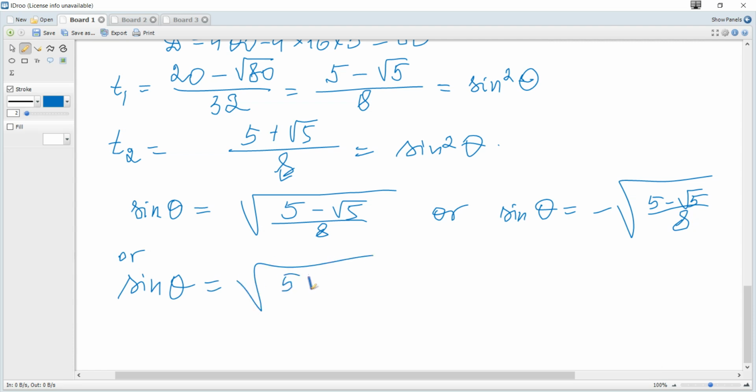Root of 5 plus root 5 over 8, or sine of theta is negative root of 5 plus root 5 over 8.